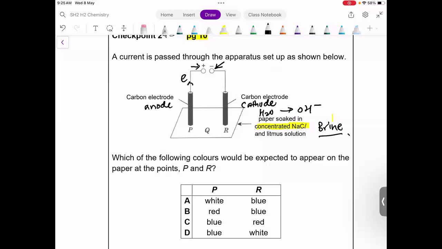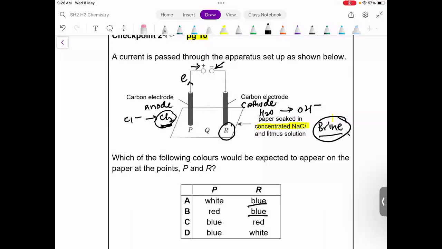So the oxidation is chloride oxidized to chlorine because it's brine. Okay. So being alkaline, it will turn your litmus solution blue. Then the chlorine gas that is produced, right? It will turn your litmus red, then bleach it, because chlorine has bleaching property.